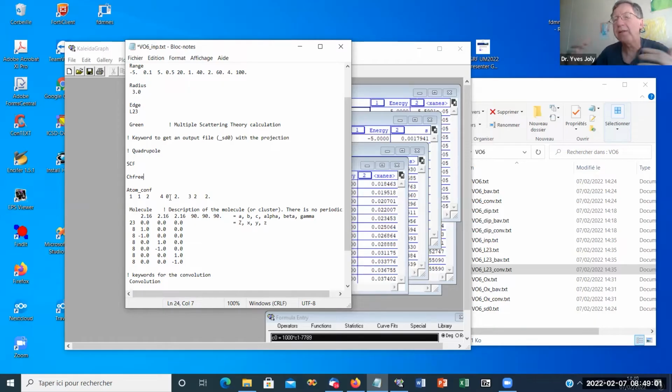And when the code calculates the potential, it considers where the orbitals, the electrons, really are. And in practice, if a 3d material is up to 2 plus, I don't change the configuration. It's from 3 plus that I change the configuration.